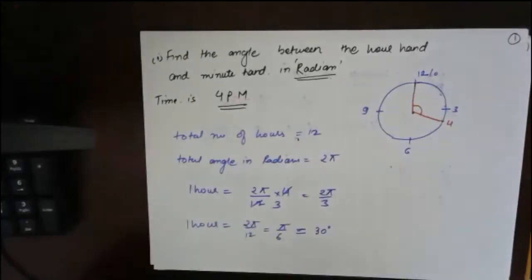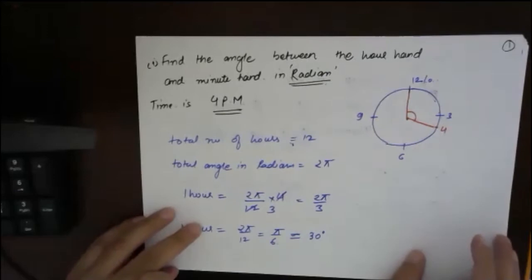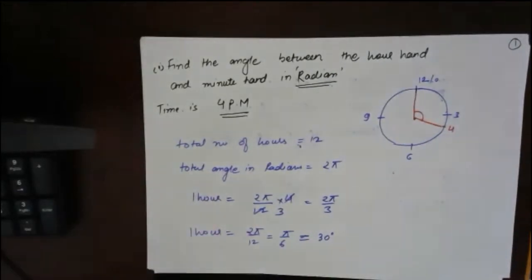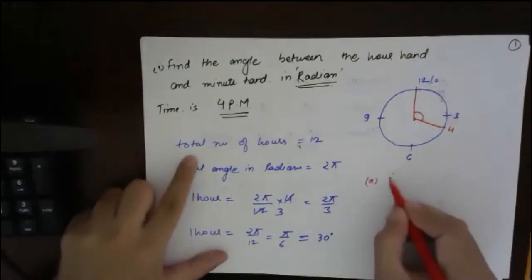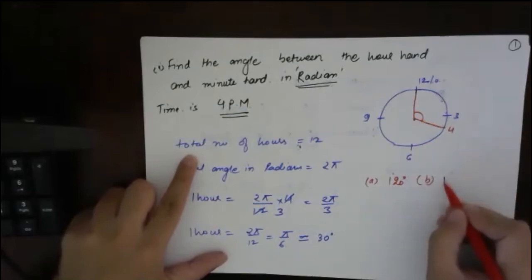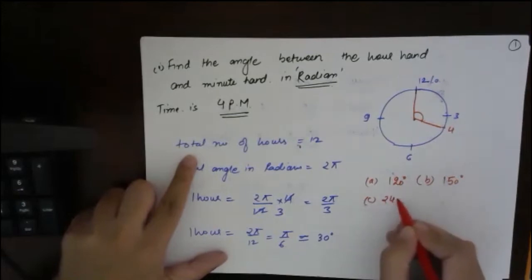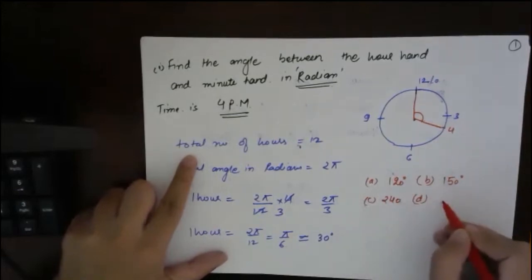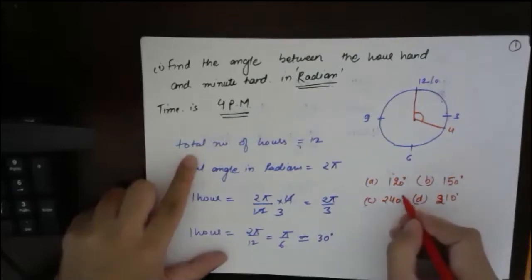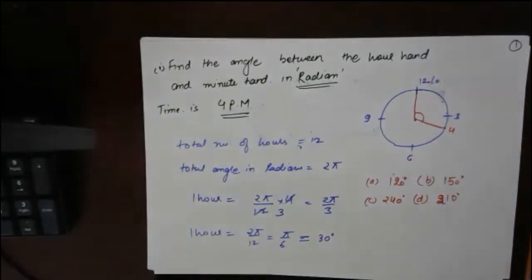If this was a question in JEE, and multiple choice, and the options were these: A, 120 degrees, B, 150 degrees, C, 240 degrees, D, 210 degrees. This is a multiple choice question, and the options are these 4. Tell me what will be the answer.